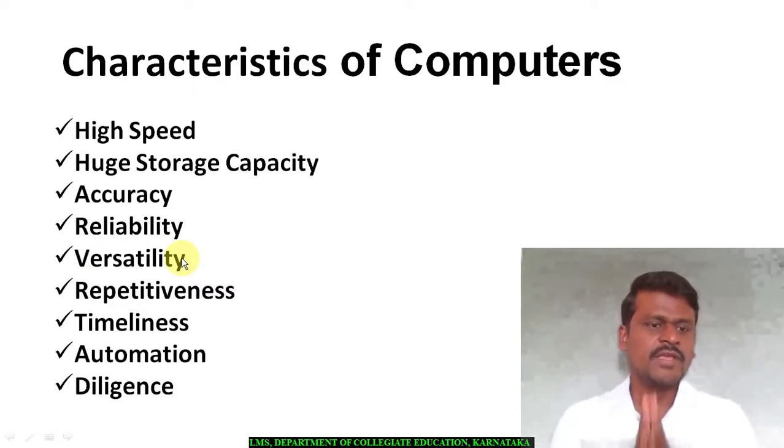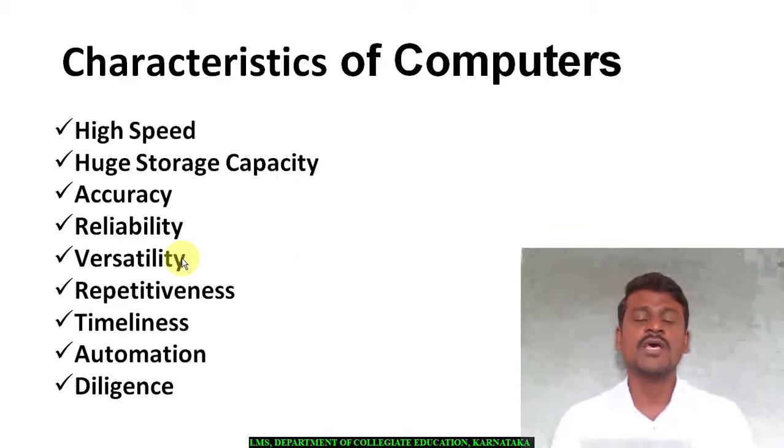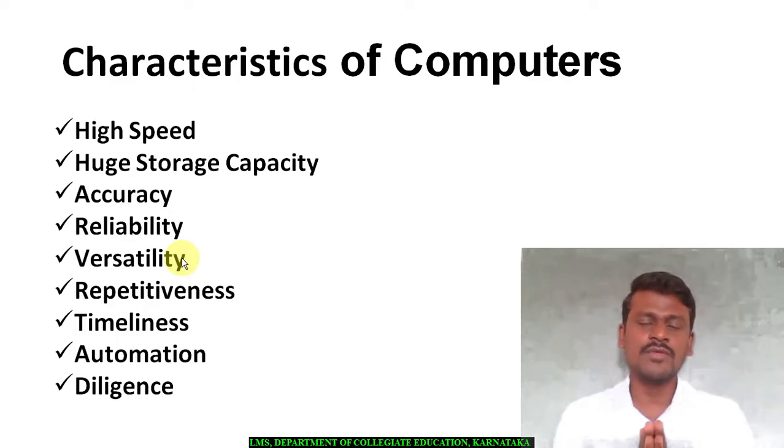Next is versatility. Versatility means we can use the computer in many sections or many institutes. For example, we can use the computer at home, for business purposes, for scientific calculation, for any company purpose, or for software development, right? These are some of the areas where computers are used, and you can say that no industry is there without a computer.